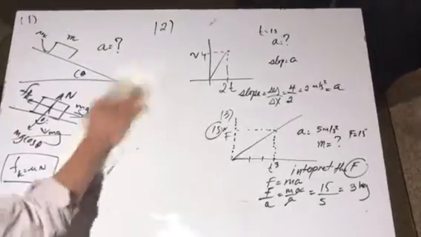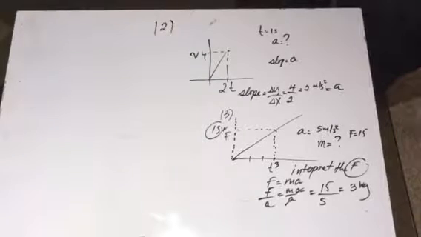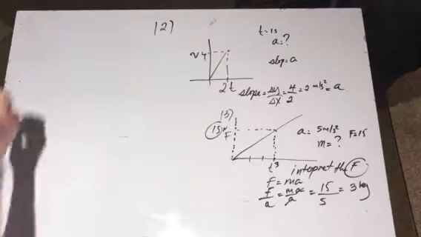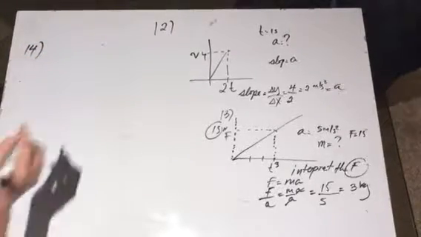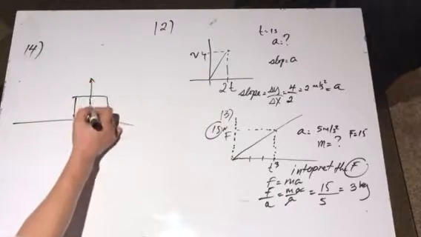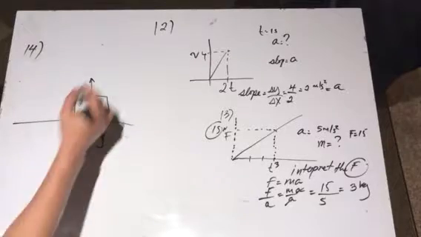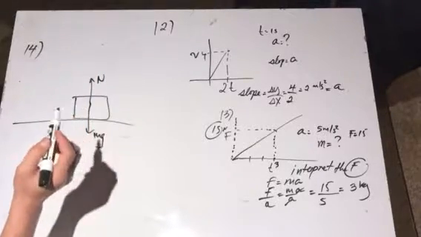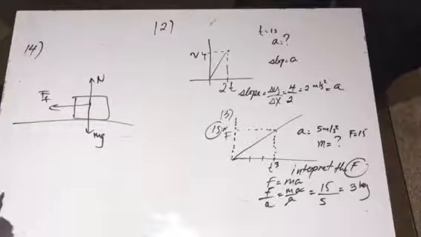Let's talk about that question real fast. So question number 14 is a little bit tricky. We tell you the free body diagram. So basically you have an mg and you have a normal force and you have a frictional force.